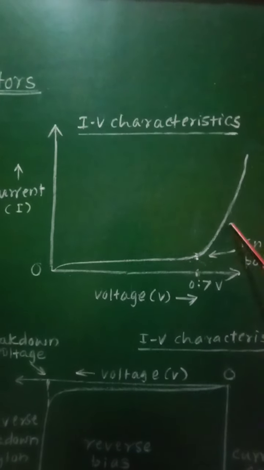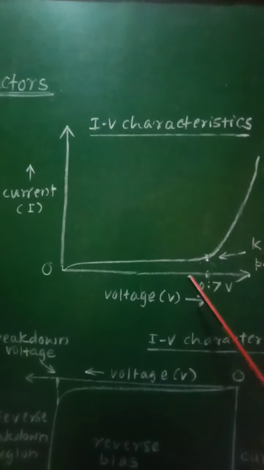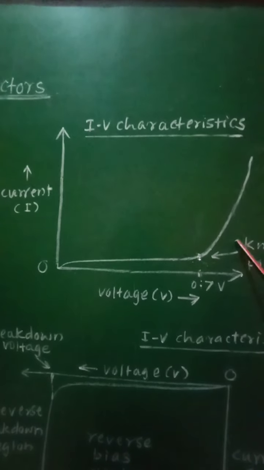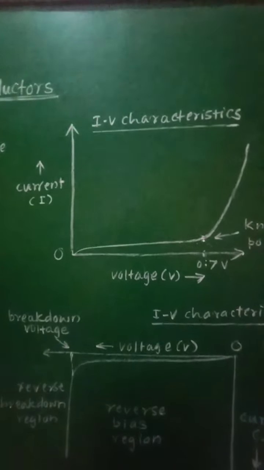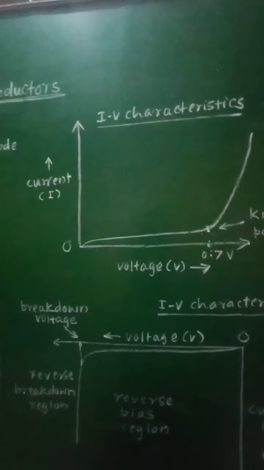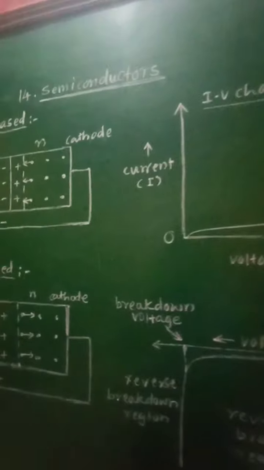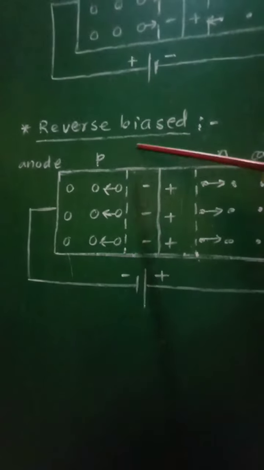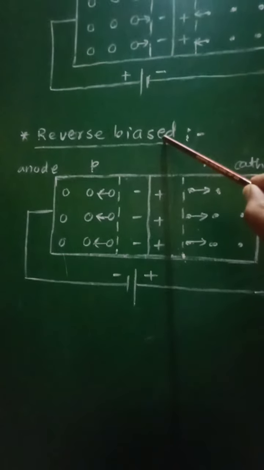Resistances are used in series in order to limit this flow of current when the diode is connected in forward bias mode. Similarly, we can connect the diode in reverse bias mode also, so let us see what reverse bias is.